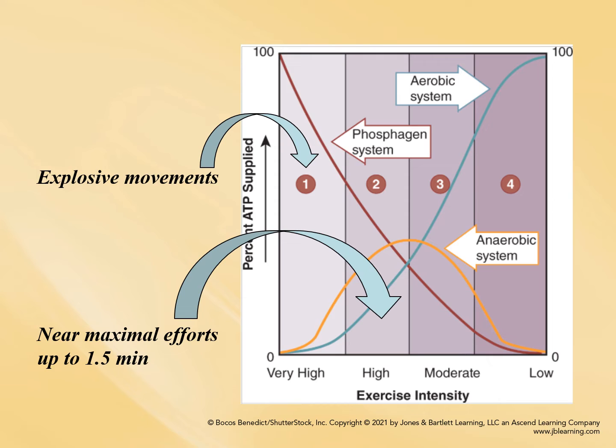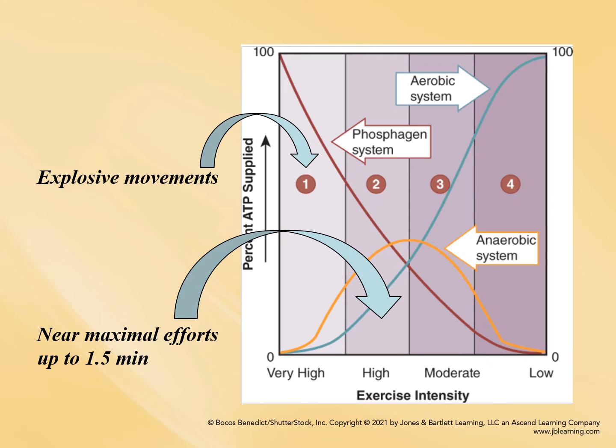The picture that was shown, I think this was in chapter 2. It also was looking at energy systems. I thought it was worth putting in the slide for now, because if we look at where the ATP is supplied, the red line is the phosphagen system.